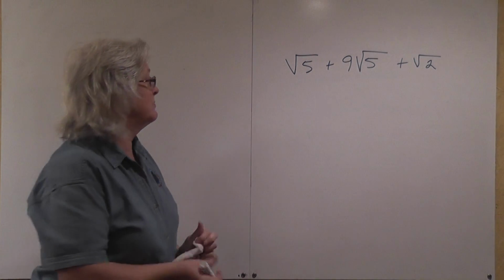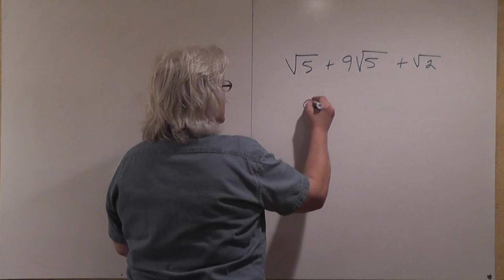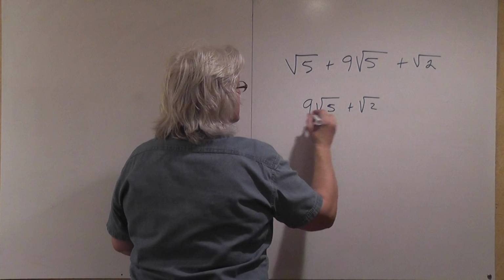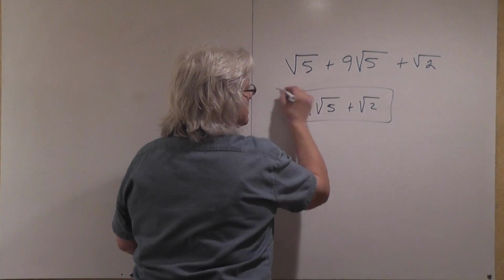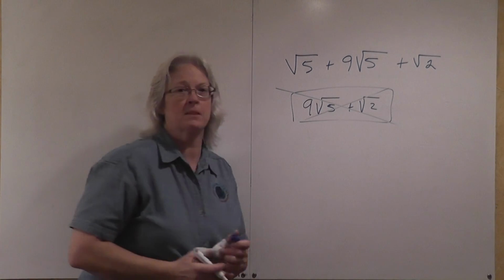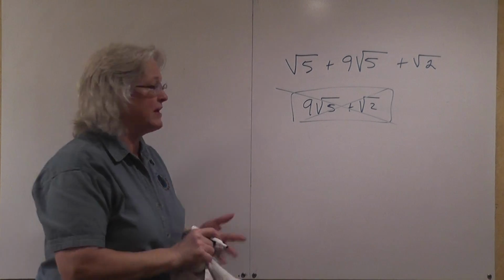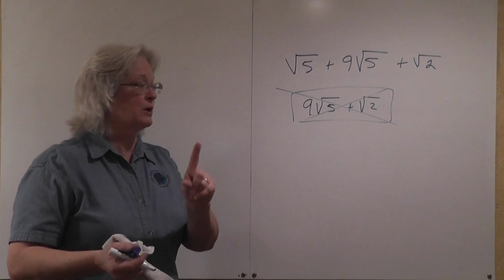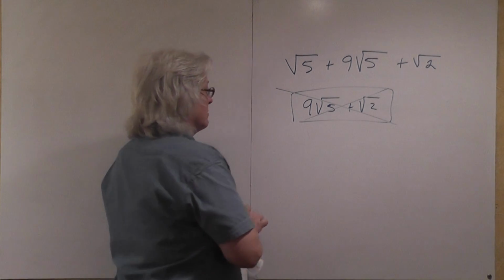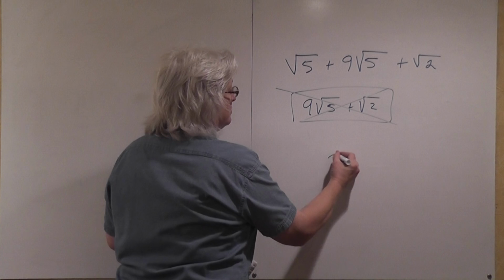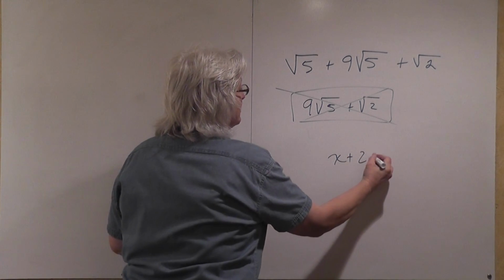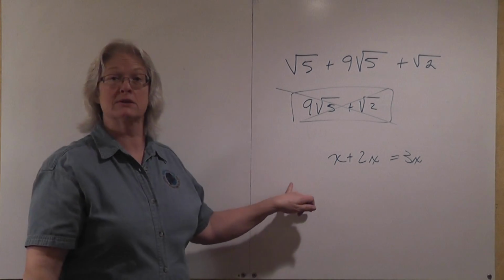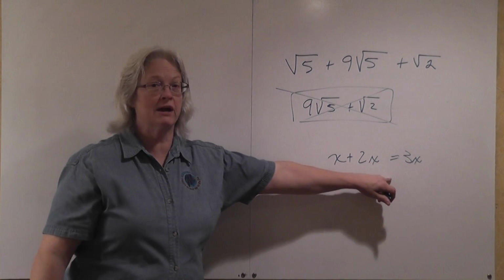Don't fall into the trap of saying that this answer is just 9 times the square root of 5 plus the square root of 2. Do not do that. Because remember, just like if you have x plus 2x, you combine those and get 3x, because when we have no number in front of the variable, we're just saying that there's 1x. 1x plus 2x is 3x.